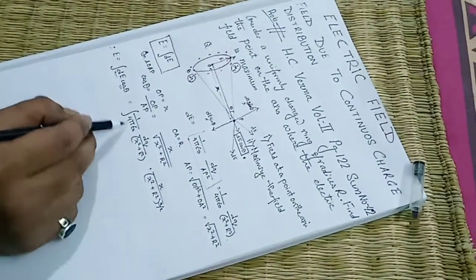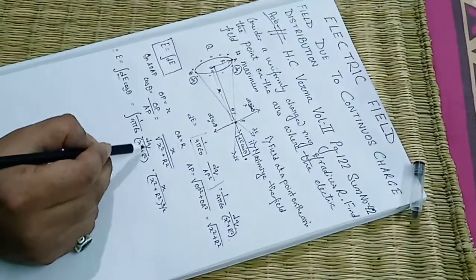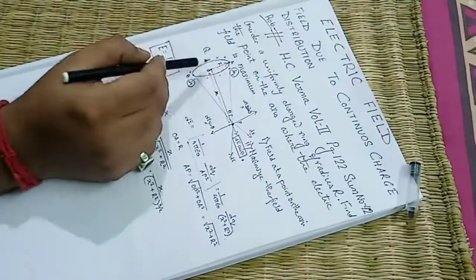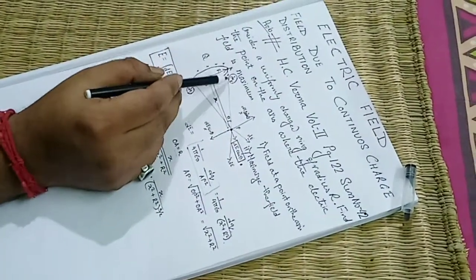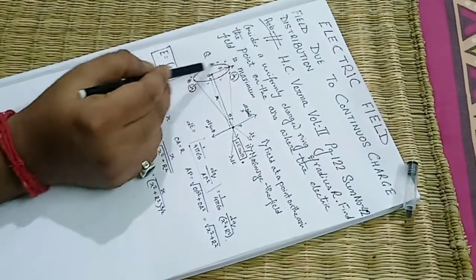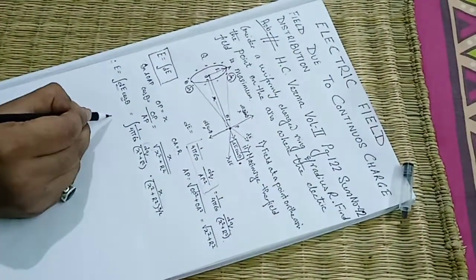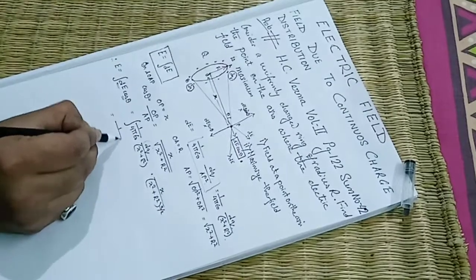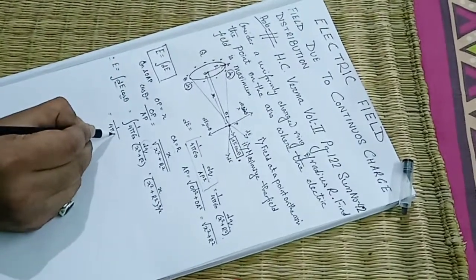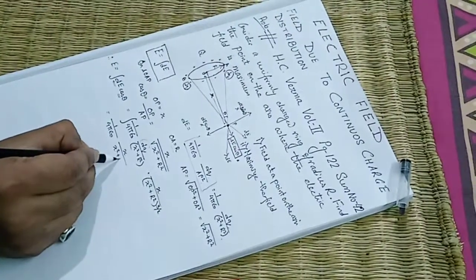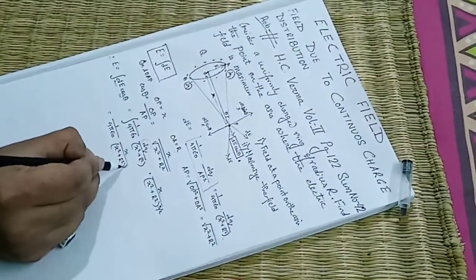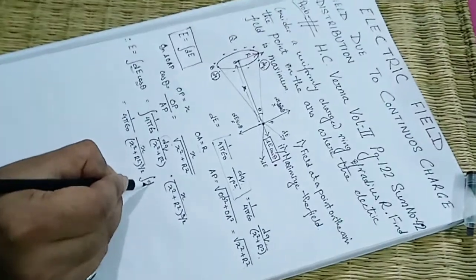This whole portion except this dq is constant, because dq is the small charge varying over this ring. So we will integrate over dq, and what will be our result? 1 by 4 pi epsilon naught x by x square plus R square whole to the power 3 by 2 integral dq.